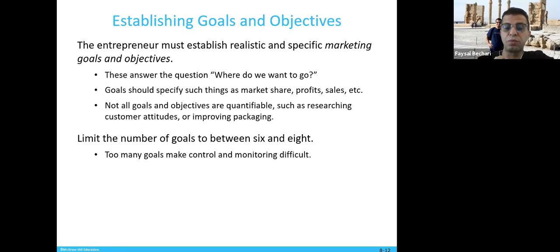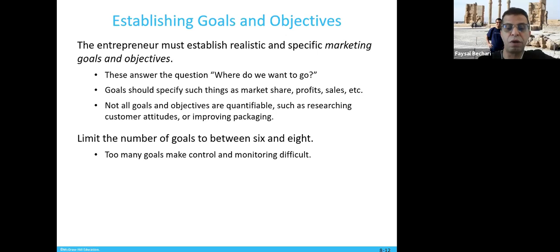Not all the goals and objectives are quantifiable. I understand that. But you have to have some quantifiable ones because you want to build the benchmark, such as researching customer attitude and improving packaging. These are not quantifiable, but there is number of sales, number of customers, number of satisfied customers, number of people returning to do business with you.